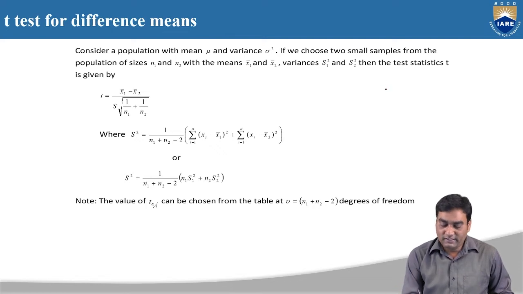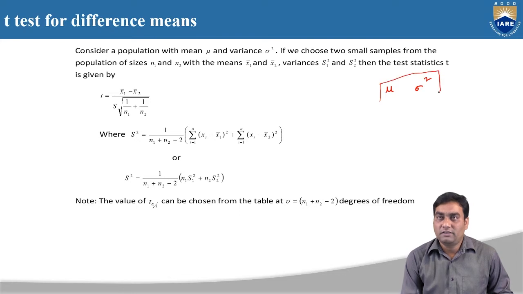Suppose I take a population with the mean mu and variance sigma square.